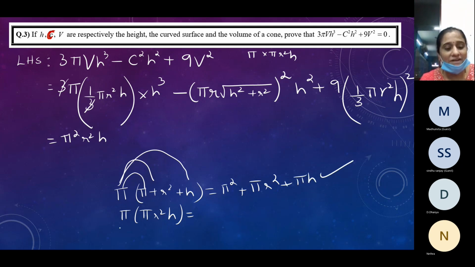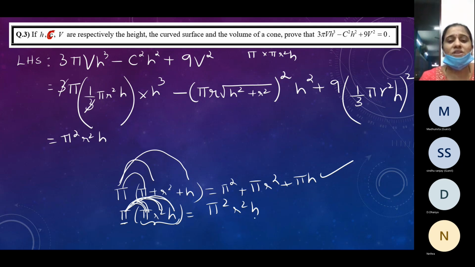But here it is not pi into r square and pi into h. This is only one term and it should be multiplied with pi. It's only one term. Pi into pi square, r square h, that's all.